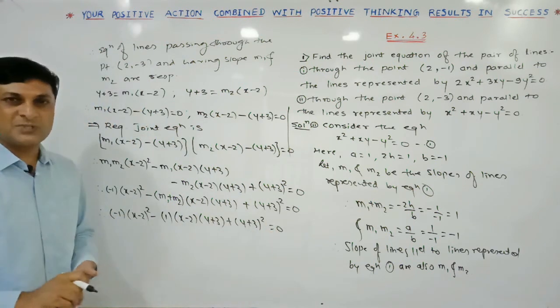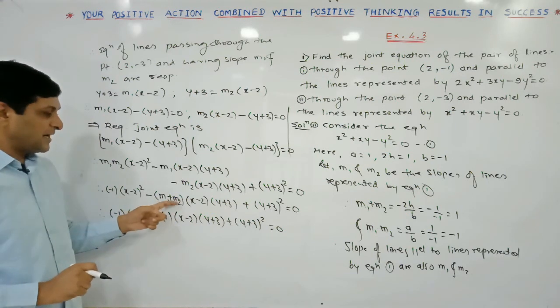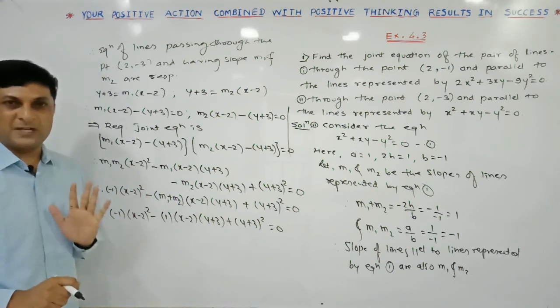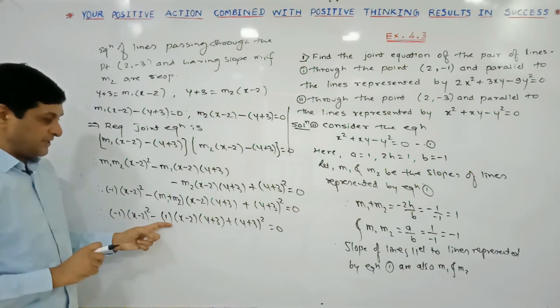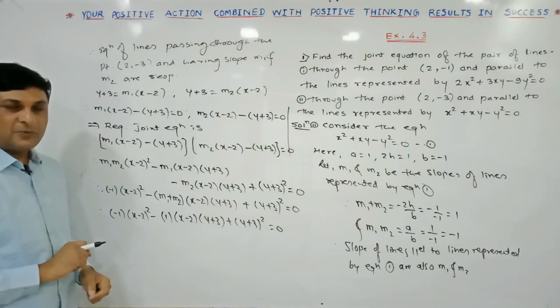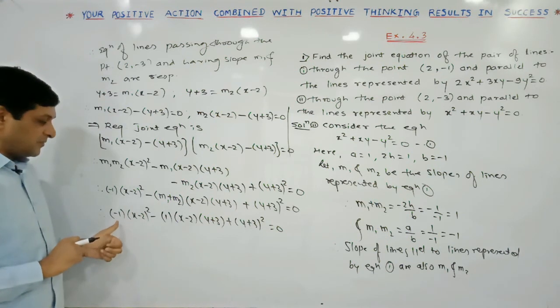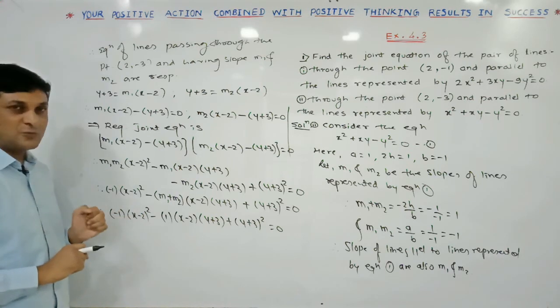The remaining part is just to simplify it. We have already replaced m1 into m2 by minus 1 and m1 plus m2 by its value plus 1. Now if you observe this expression, two terms are negative and the last term is positive. But whenever we write an equation in standard form, our priority is that the coefficient of x square should be positive.